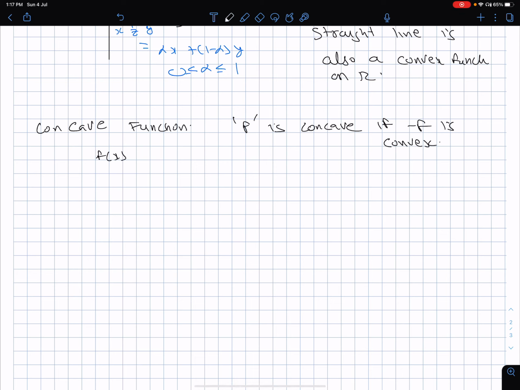I had told you that x square is a convex function. So minus of x square will be a concave function. Let us put a straight line here. This line has not come out well, so let's draw it again.